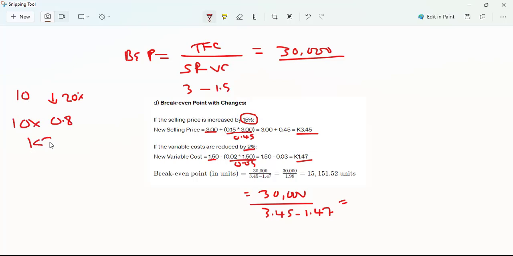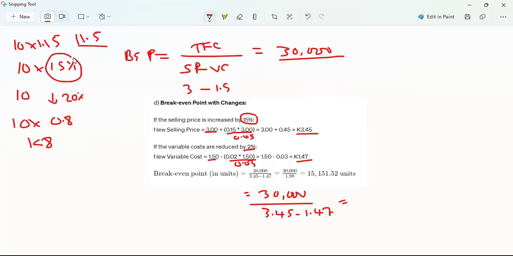So this will be 8 kwacha. If it was 10 kwacha and it has increased by 15%, just multiply 10 times 1.15, which will give you 11 kwacha 50 ngwee.